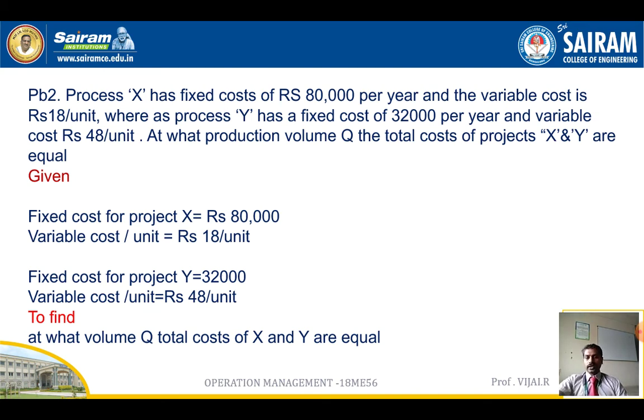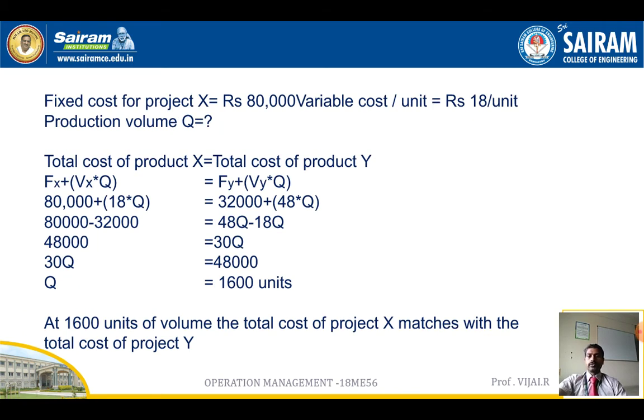First of all we take the given data: fixed cost for X and Y, and variable cost for X and Y. Then we calculate with a formula: the total cost of product X is equal to the total cost of product Y. Total cost, as we know, is fixed cost plus variable cost for a particular number of units.